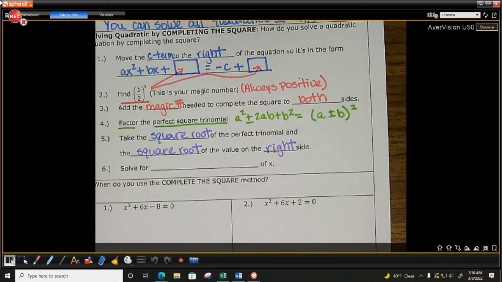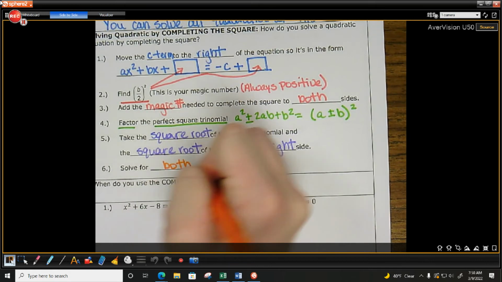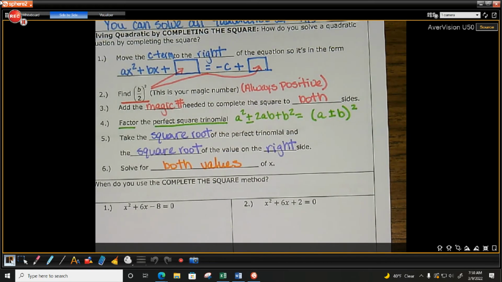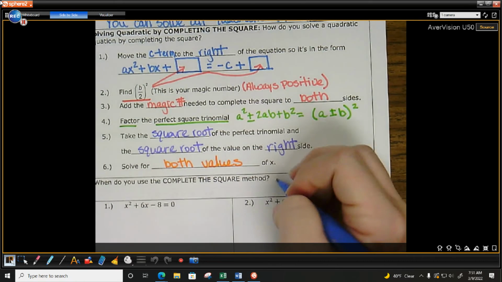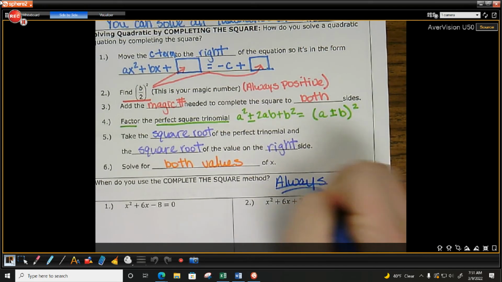And then we are going to solve for both values of x. Again, when you have a quadratic, how many solutions do you have? 2. When can you use this method? Always. That's what we wrote up at the top. You can always use this method.